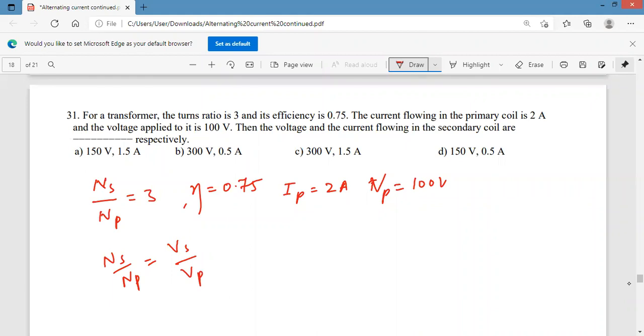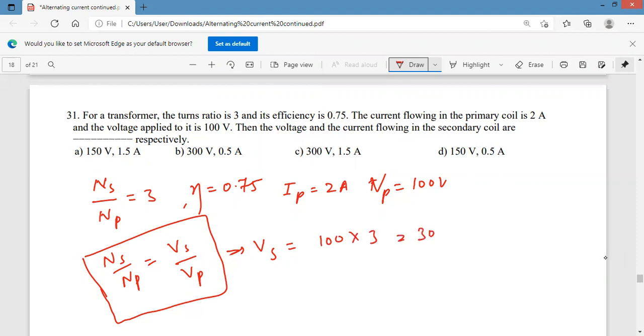This formula does not require efficiency, whether efficiency is 100% or 50% or anything. But the expression NS by NP is equal to IP by IS, for current, is applicable only when the efficiency of the transformer is 100%. So VS, the secondary voltage, is equal to VP, which is 100, into NS by NP, which is 3. It is 300 volt.